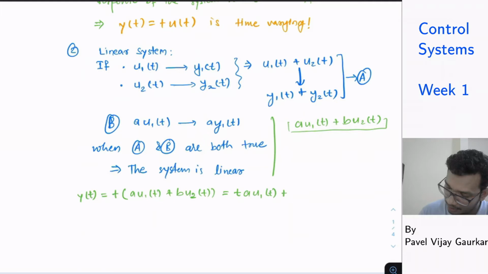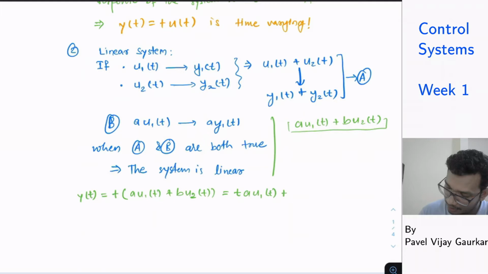If we split these terms, it will be A in brackets t into u1 of t plus B in brackets t into u2 of t.